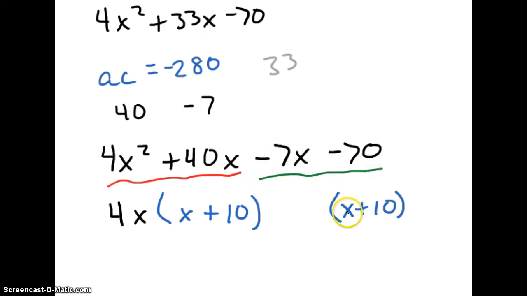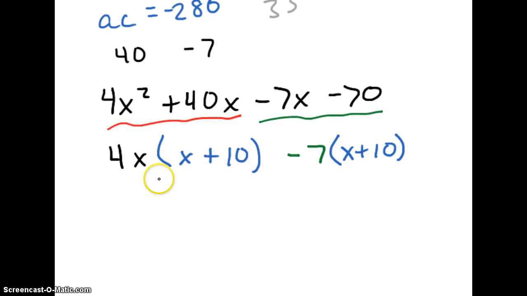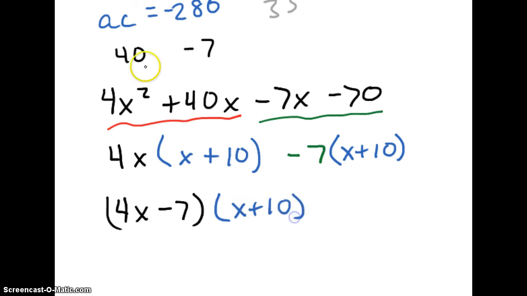So let's see, what do I multiply x by to get negative 7x? Oh, negative 7, that's easy. Negative 7 times 10 is negative 70. And if I add these together, 4x and negative 7, I can multiply that by x plus 10, and that should be my factored form.